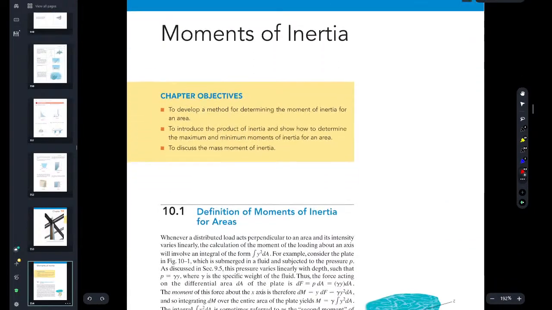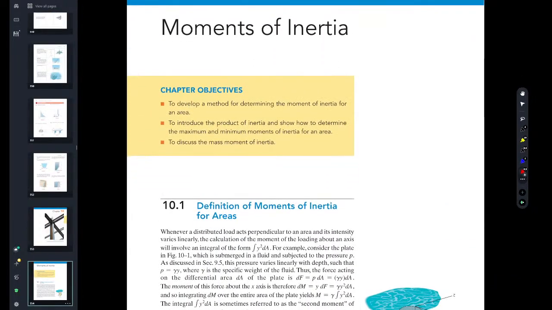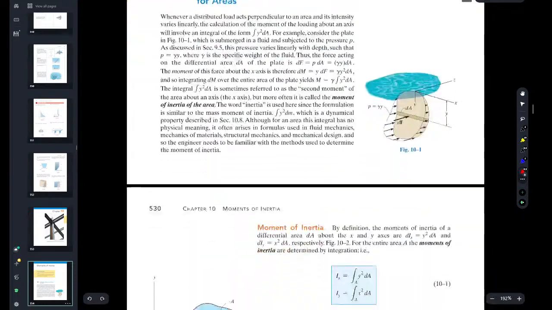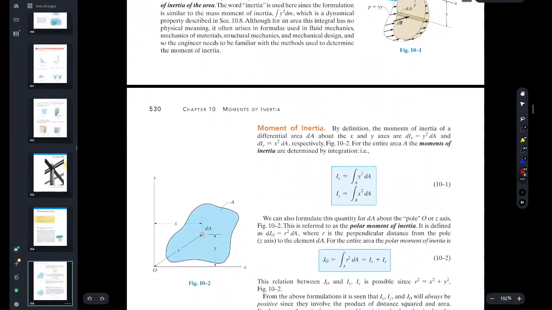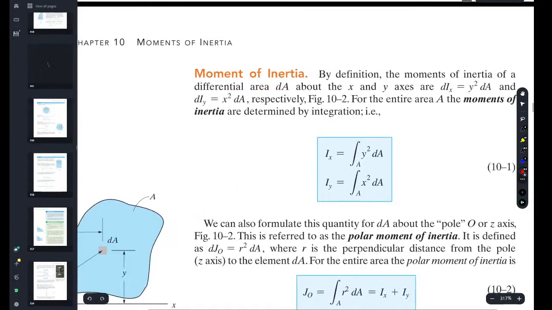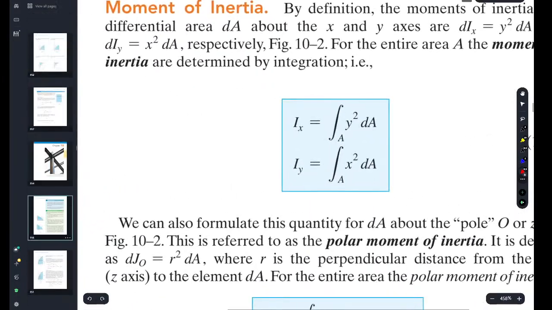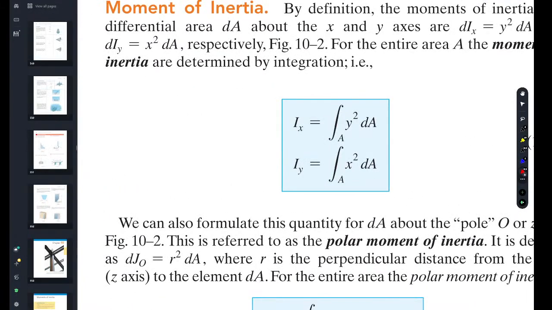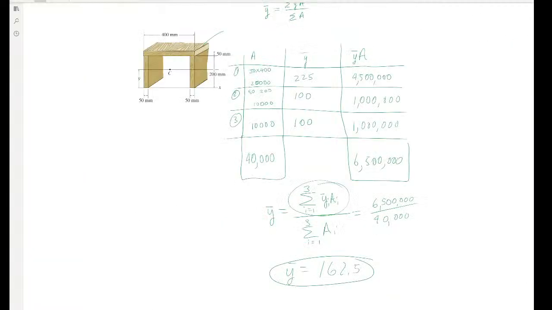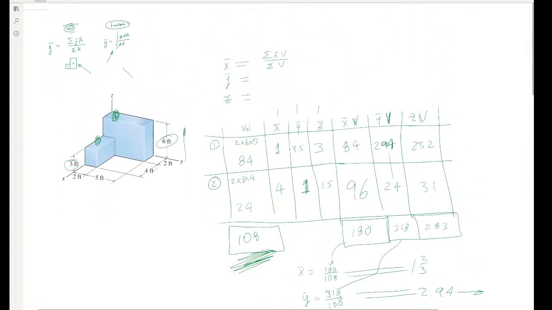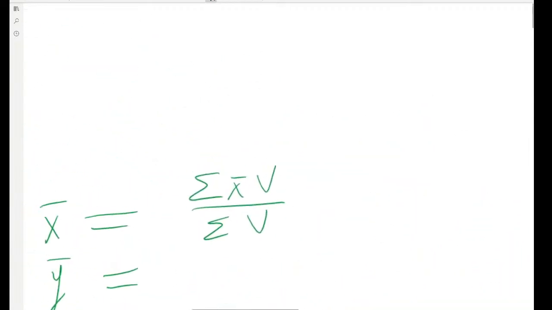Okay, now we're looking at moments of inertia. I'm looking at 5 minutes left. But let's just look at the basic function here. In the previous functions, you found that you were having to integrate.